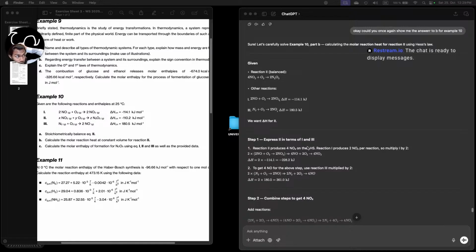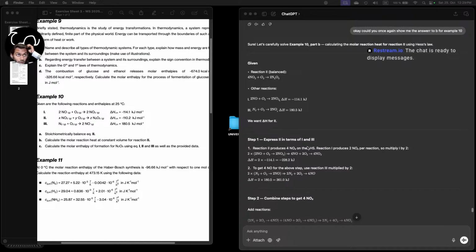To get 4NO in the above step, we use reaction 3 multiplied by 2, and combine steps to get 4NO2.